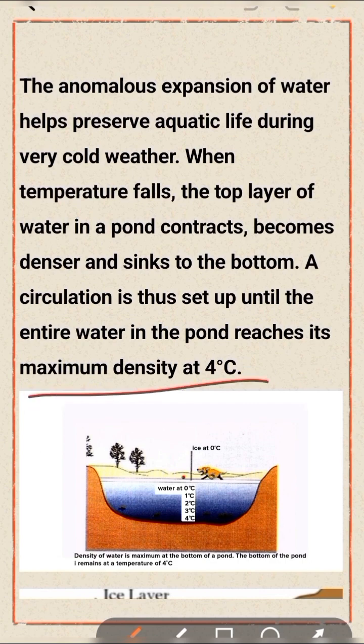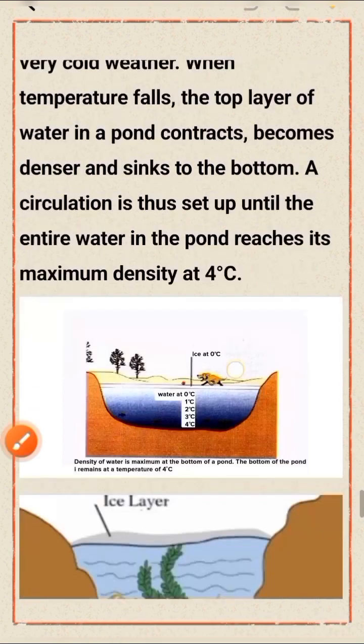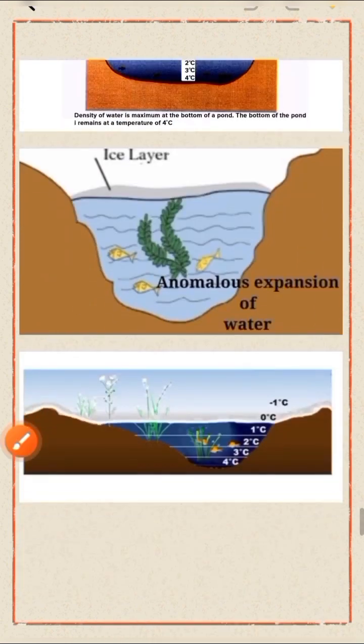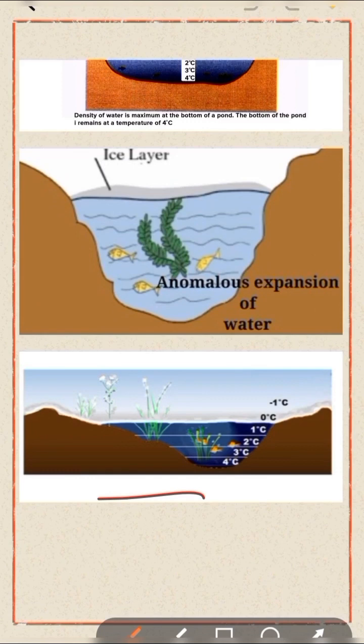This picture supports this question. At the bottom of the pond, the temperature stays at 4 degrees, where plants and animals can stay alive.